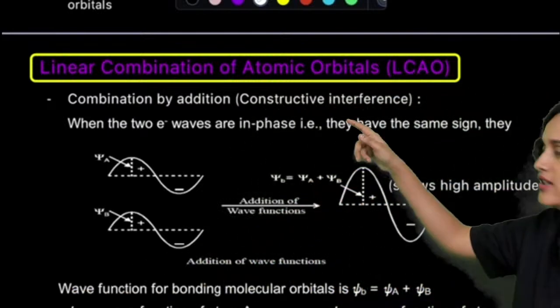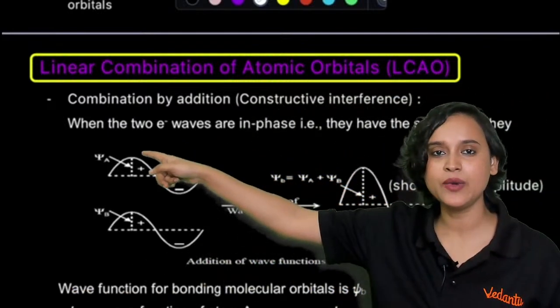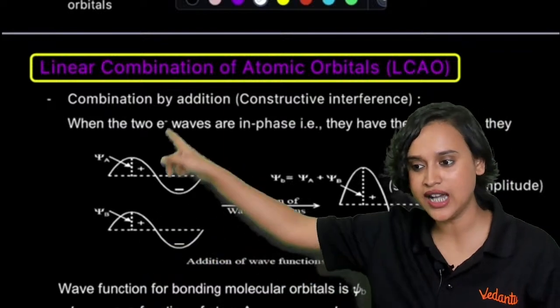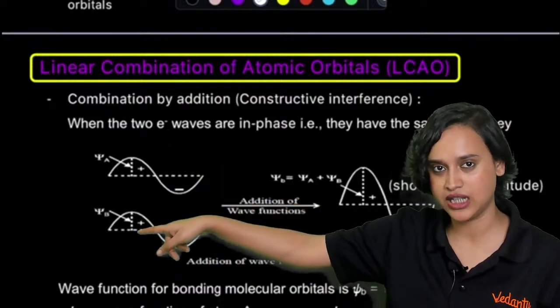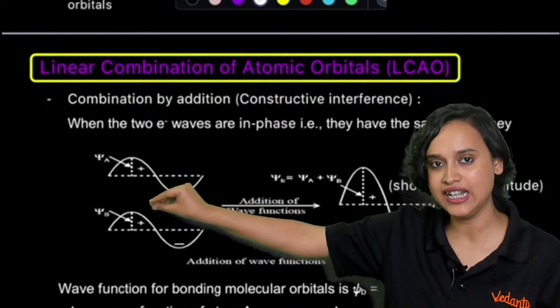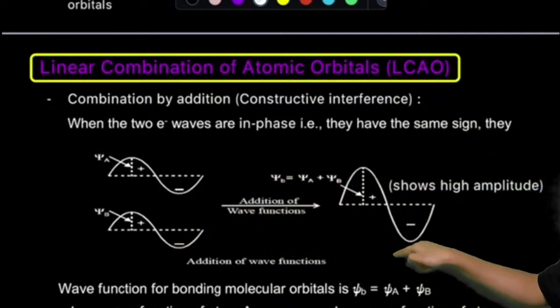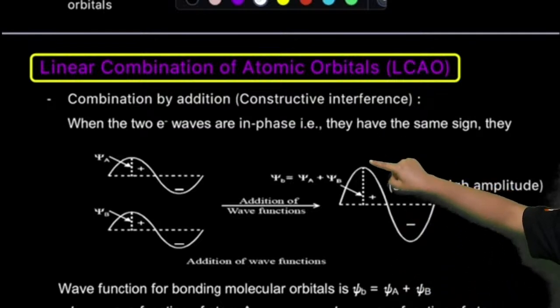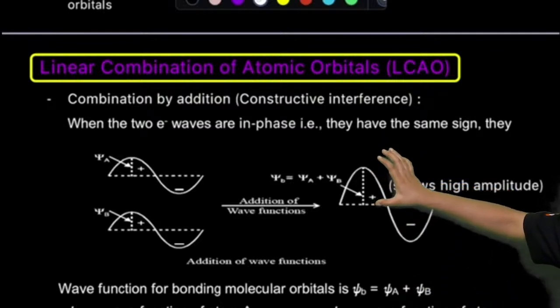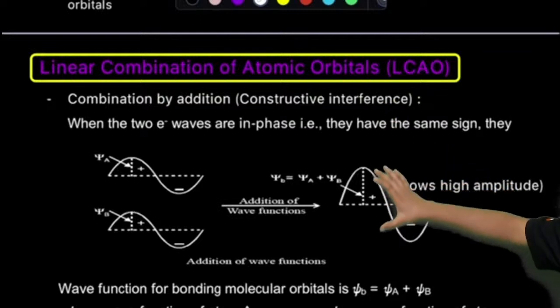See, look at these two waves. This wave and this wave, are they both similar? They're similar. So what will happen is they will add each other up, and see, the amplitude has increased here. What is amplitude? Amplitude is the maximum distance that the wave has got up to.